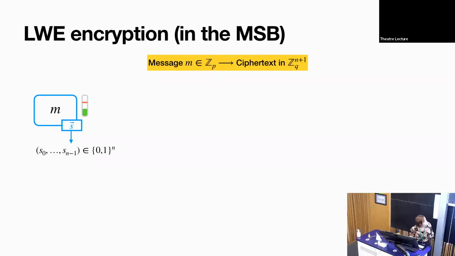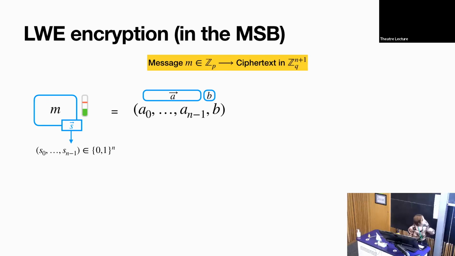In order to encrypt the message, you set up a secret key. In all my slides, I'm going to use binary secret keys. It's not mandatory. They can be ternary, they can be Gaussian, they can be sparse. For simplicity, in my slides, I'm going to keep uniformly distributed binary secret keys.